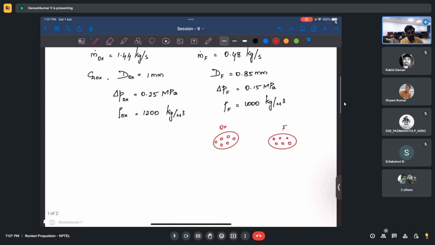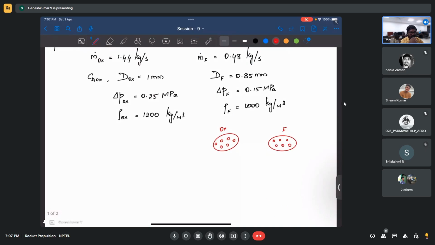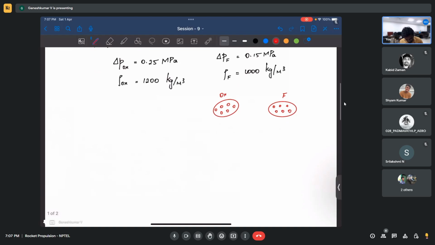There is also the doublet, which you might have gone through. There will be an injector which has one orifice for oxidizer and one for fuel. If you take a cut section, it is going to be something like this, and if you want to have it at an angle, it's going to be something like this, right?